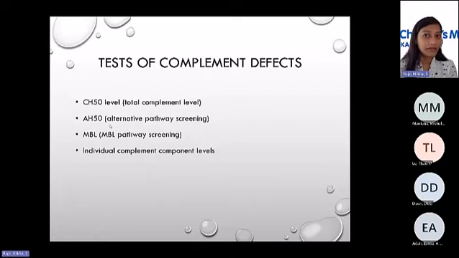So we don't typically use MBL. We order CH50 on several patients because these patients can present like antibody deficiency, and then AH50 might be for specific patients. Overall, the workup is determined by CH50 and AH50 level, and that's how the algorithm works on which one is low, or if both are low or both are normal. Based on these screening tests, you can order individual complement levels.